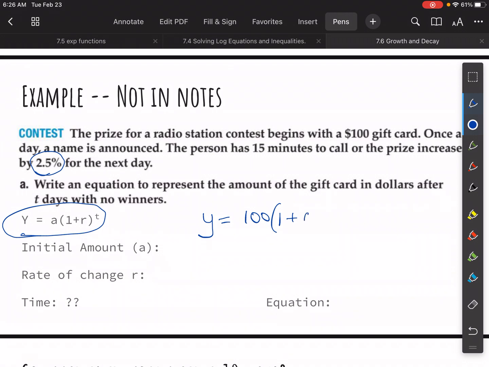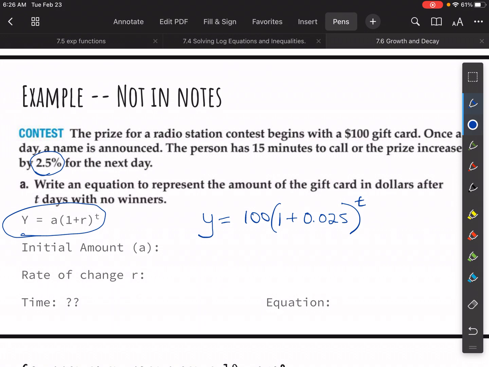So I'm going to write that as a decimal, 0.025. All right, that's 2.5%. And then that's all taken to the T, where T is in days. Okay, so we don't know what the time frame is, but every day is when this happens. Okay, so that's my equation for this thing.